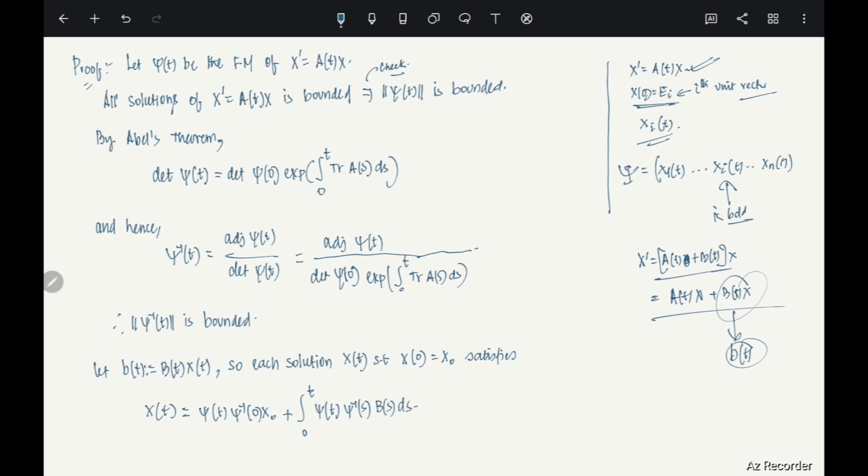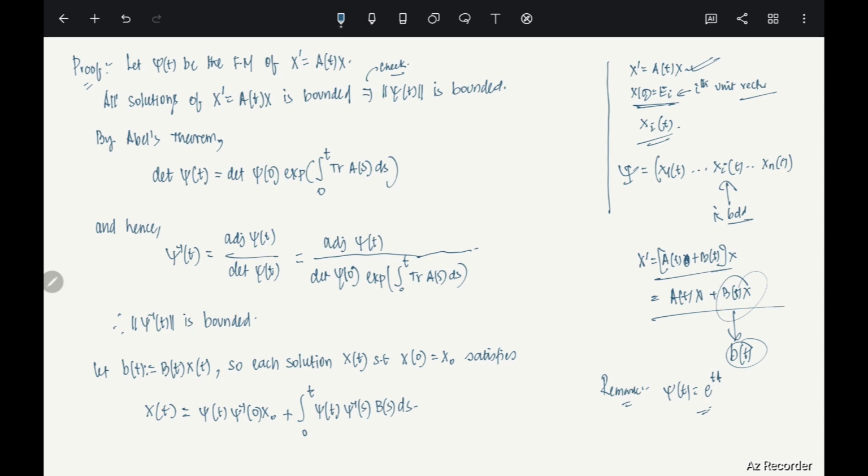Small remark: when it is a constant coefficient, what is phi of t? It is nothing but e to the power At. That is why we write e to the power At there for the constant coefficient.